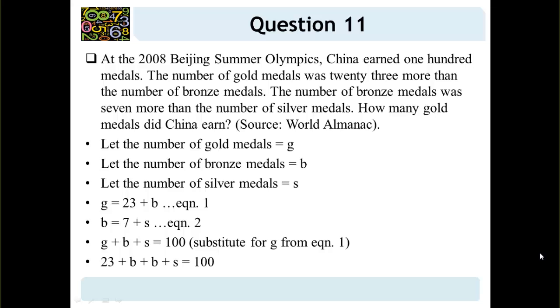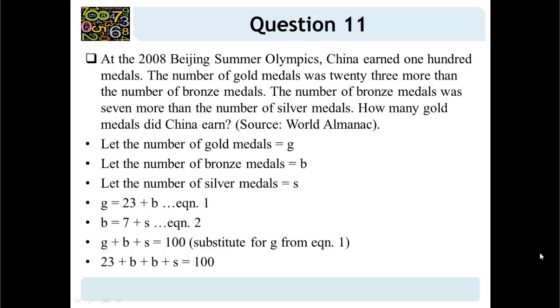So B will be 7 plus S. We call the first one equation 1 and the second one equation 2. Then we look at the main sentence here, that they earned 100 medals. So the gold medals plus bronze medals plus silver medals, all those medals are equal to 100.